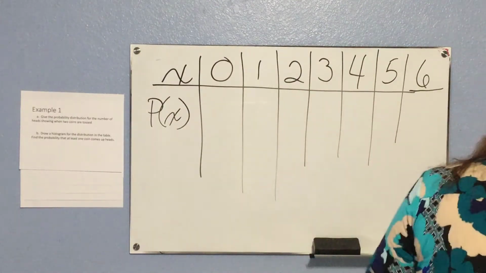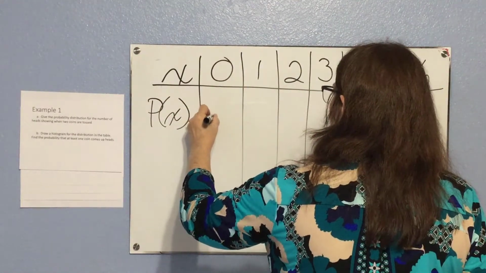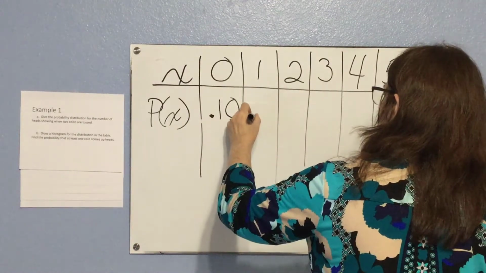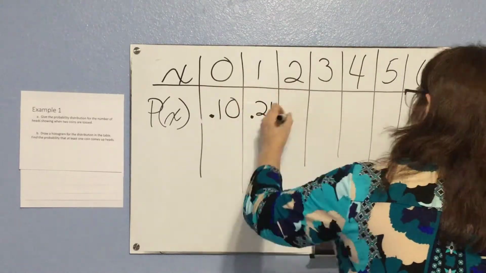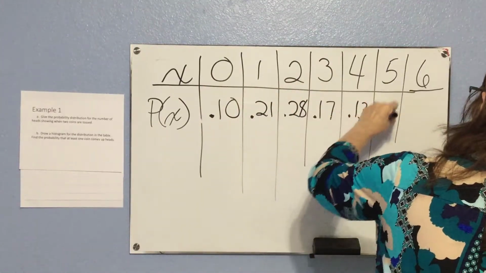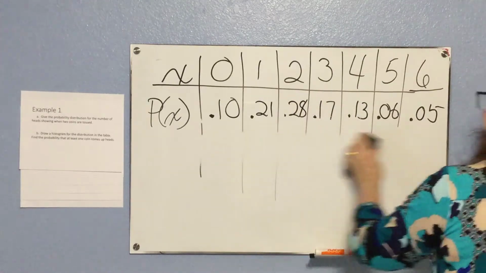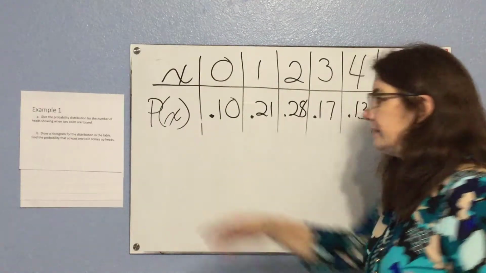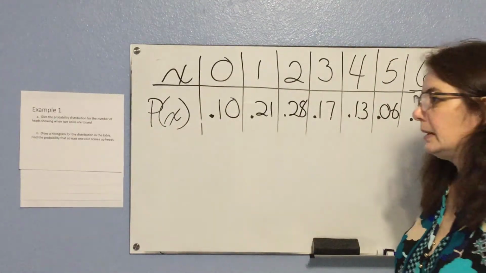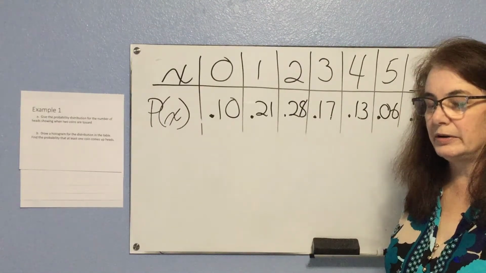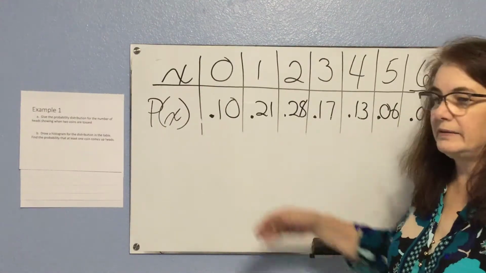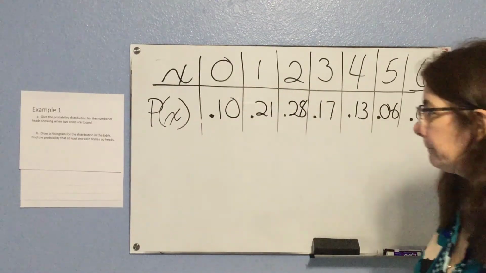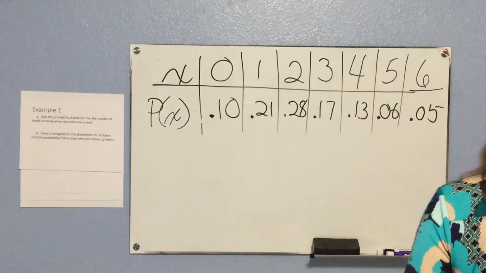So I might have for 0, 0.10, 0.21, okay, and p of x then is our random variable. The definition is a random variable is a function that assigns a value to each outcome of a situation. So here's my random variable.